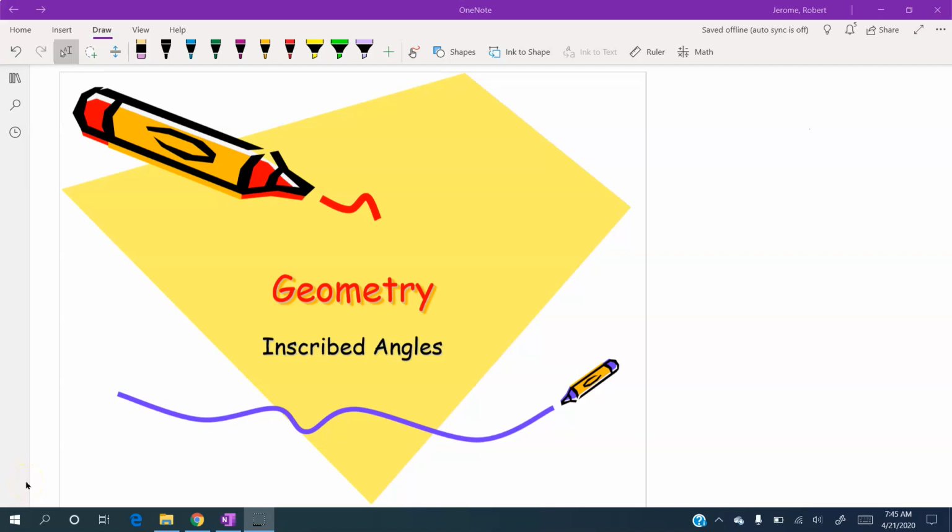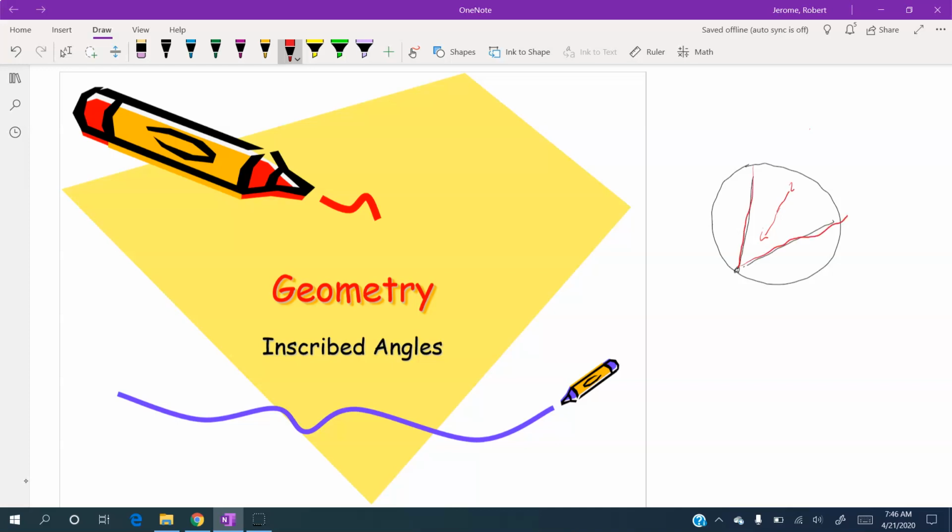Okay guys, so we're back to finish up the second half of inscribed angles, and we're just going to build on what we already know. So quick reminder, an inscribed angle sits inside of a circle with its vertex on the circle. The big deal here, we always want to know the angle and the arc that it pairs to.